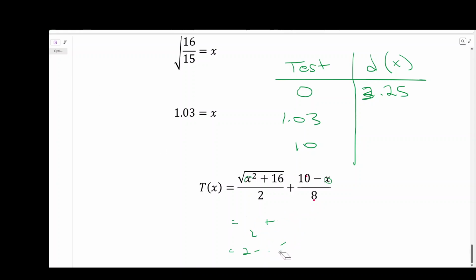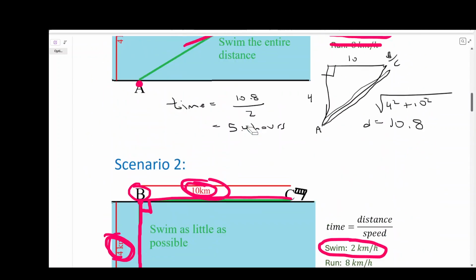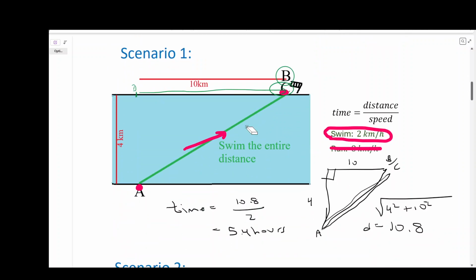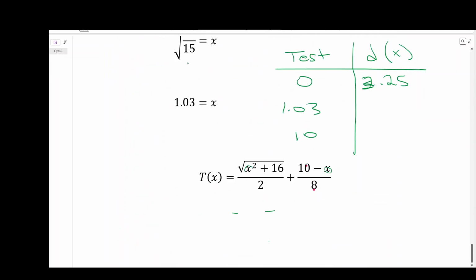Now let's do t equals 10. T equals 10 should give us that scenario 1 answer of 5.4 hours. I mean, we know it's not the right answer, but let's just check our math.